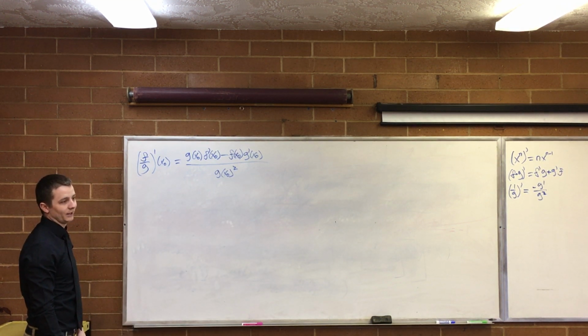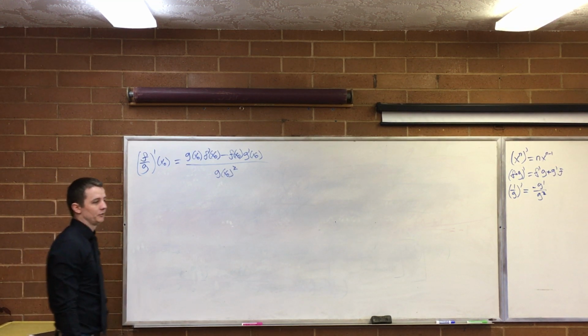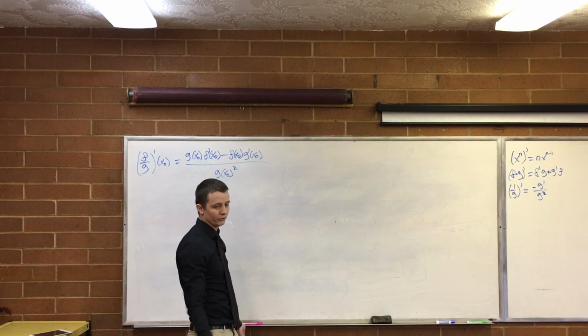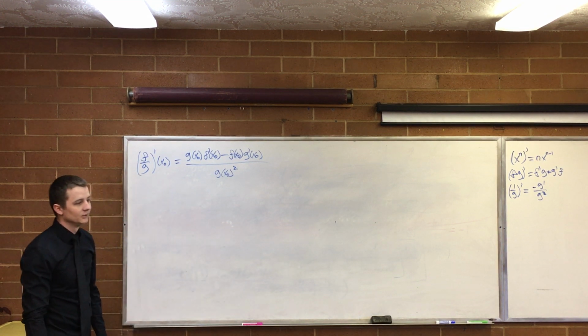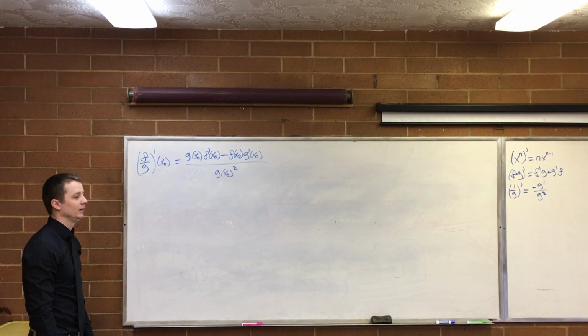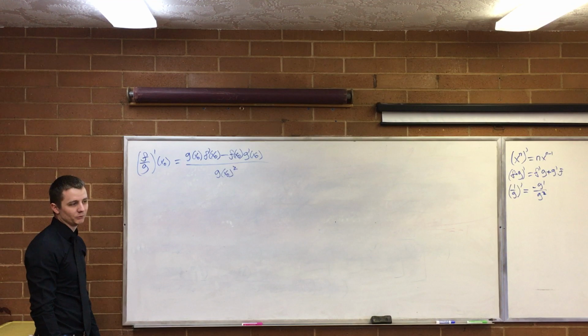It's one of the things that I've heard to help memorize this. A lot of people just say the bottom times the derivative of the top minus the top times the derivative of the bottom over the bottom squared. But low d high minus high d low, square the bottom, and away we go.